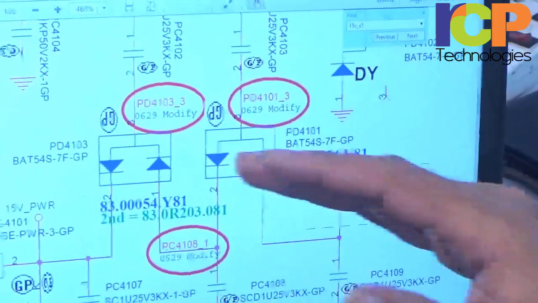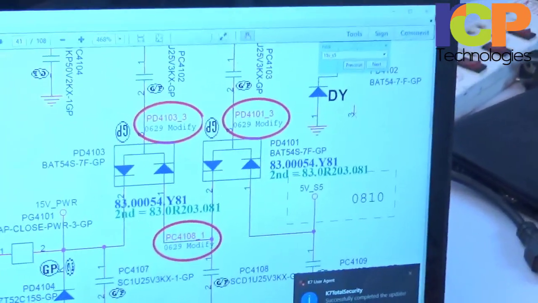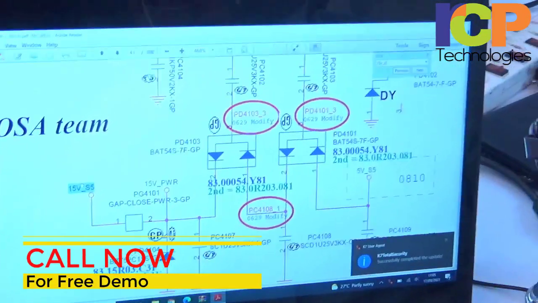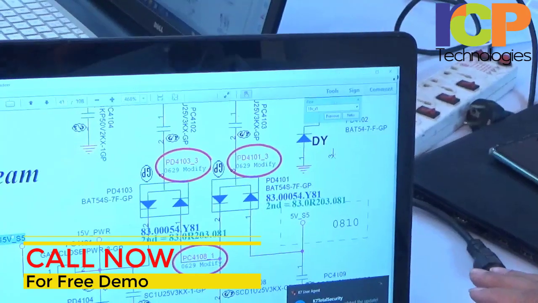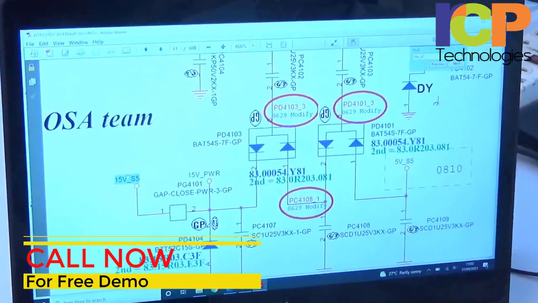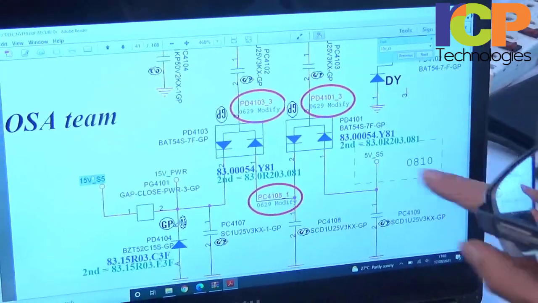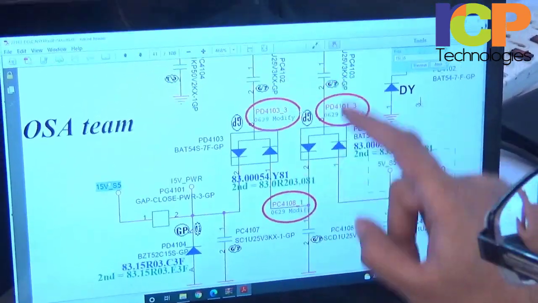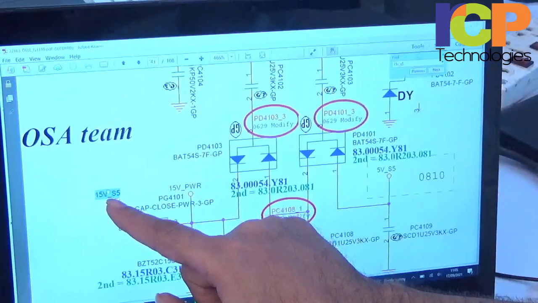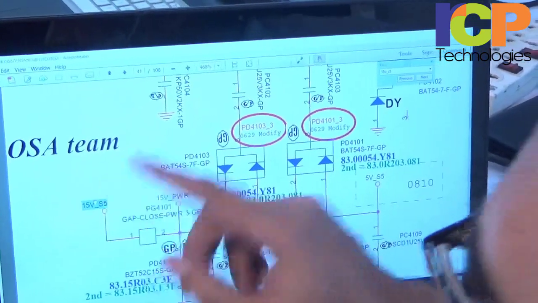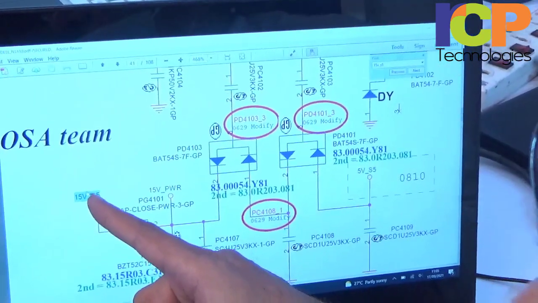So here we have a boost converter. What is the 5 volts S5 shutdown state voltage? The S5 state voltage is present before pressing the power switch. If these diodes work properly and these capacitors are okay, then we get the high voltage. So 5 volts is converted into 15 volts S5.